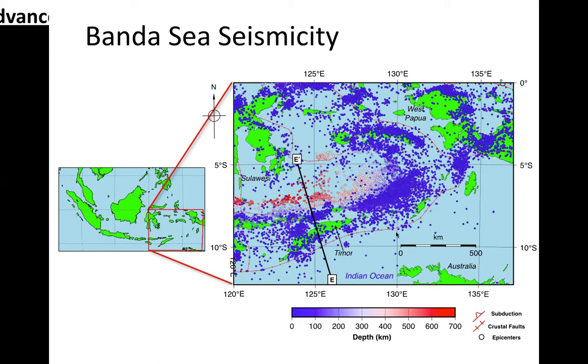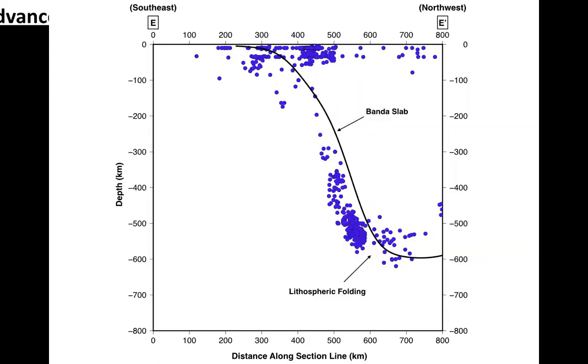If we view this in cross-section along cross-section line E to E prime, we can see the very unusual shape, with a poorly defined Wadati-Benioff zone at the shallower depths and much more dense seismicity approaching 600 kilometers, and a reversal in dip here, which loosely follows the accepted geometry.